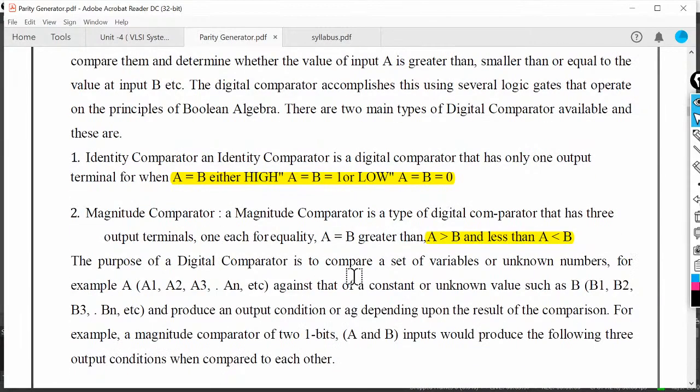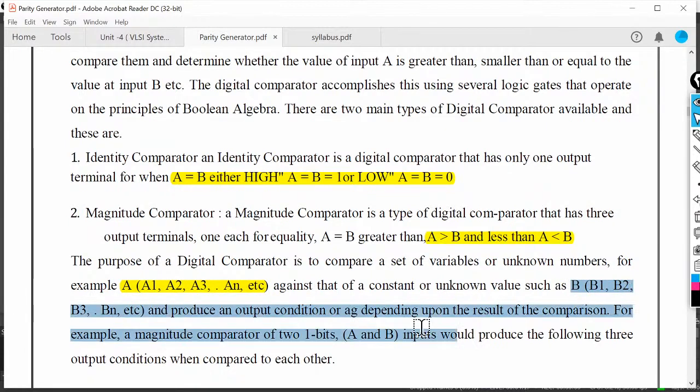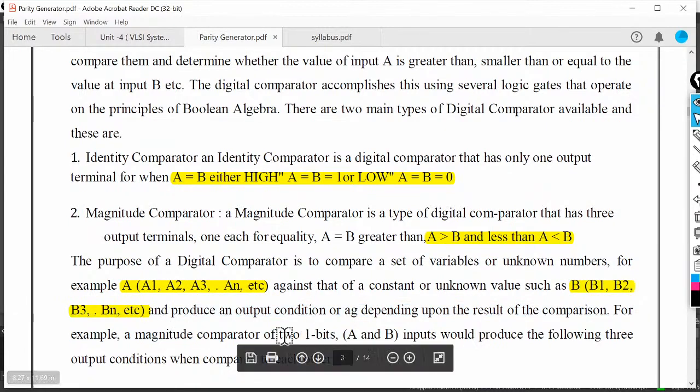The number of bits in numbers a and b can vary according to requirement. Here, suppose it is given that the number a is from a1, a2, a3 and so on, and number b is from b1, b2, b3 up to bn.